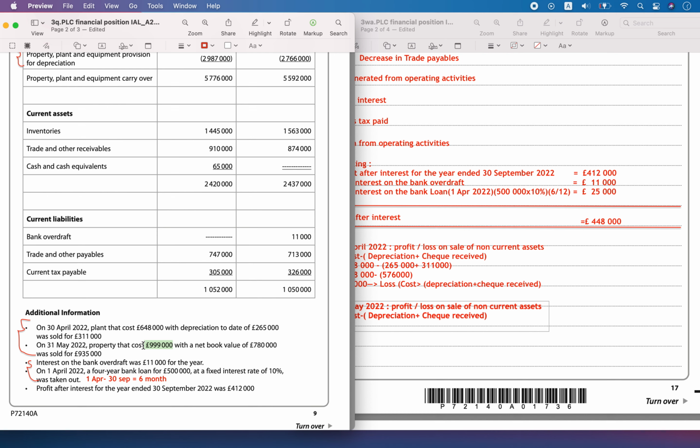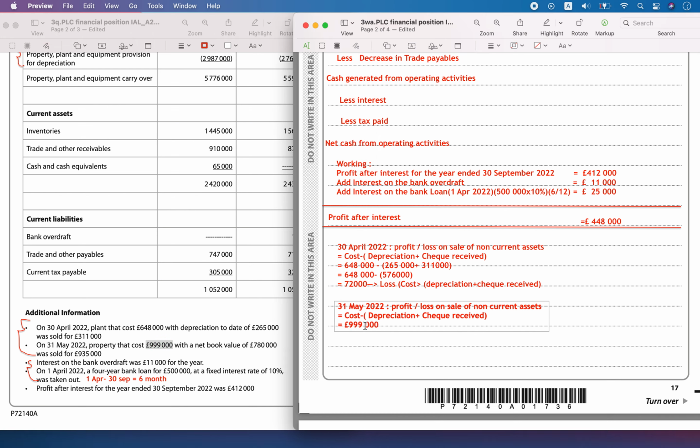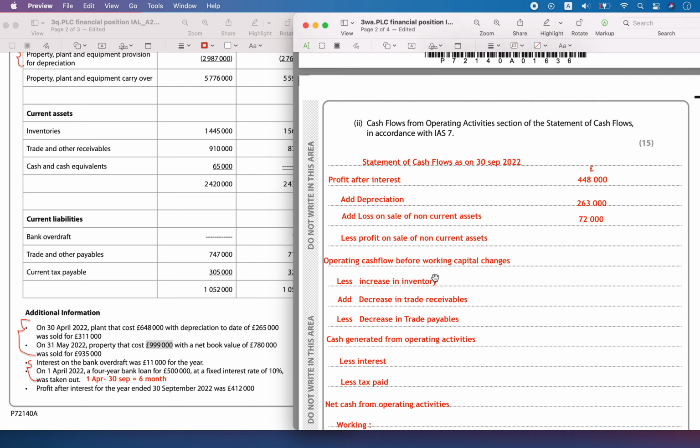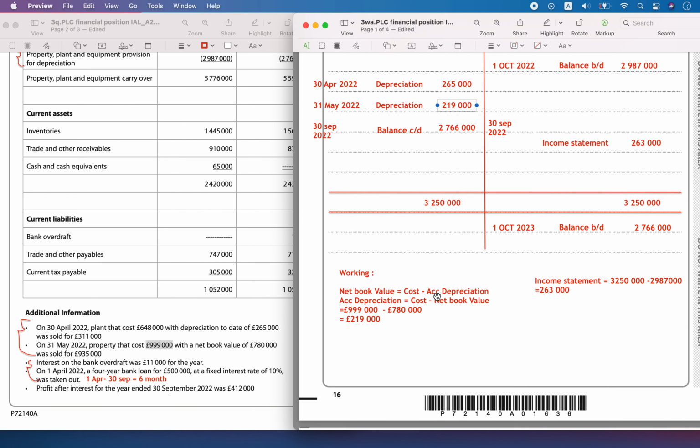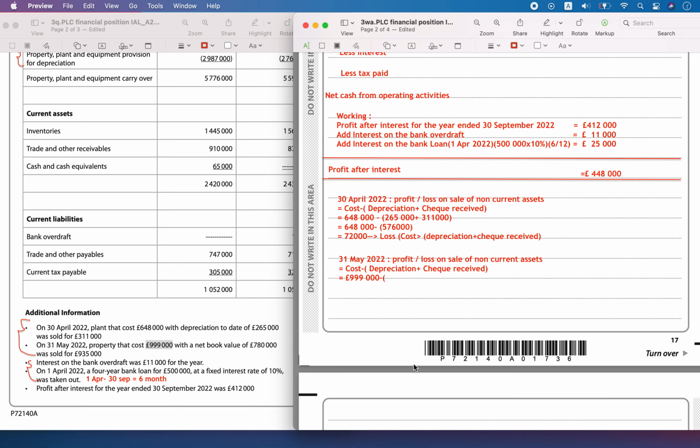Now the cost, we know it is 999,000, minus the depreciation. We had already calculated in the previous question that it was 219,000.